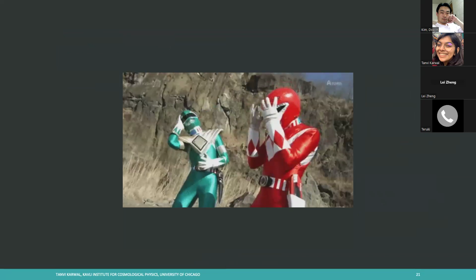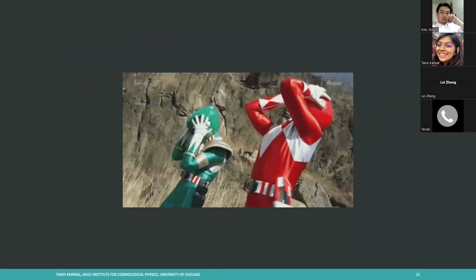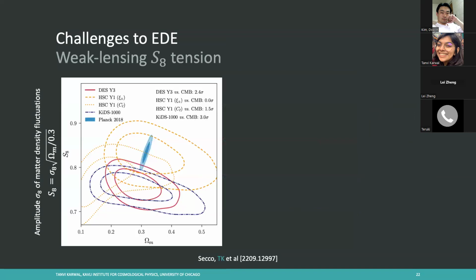There are actually two tensions in cosmology. So let's talk a little bit also about the sigma 8 tension. In terms of posterior contours, it looks something like this. Sigma 8 is the amplitude of the matter power spectrum at a certain scale, close to the nonlinear scale, but still within the linear regime.